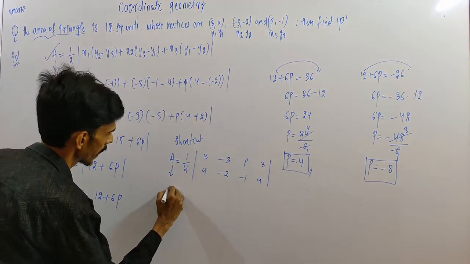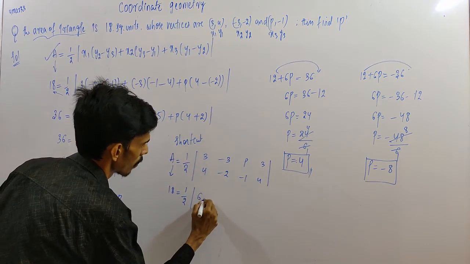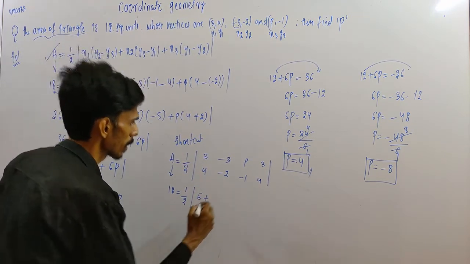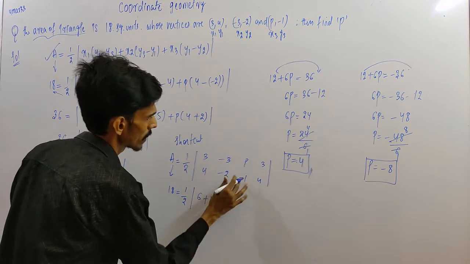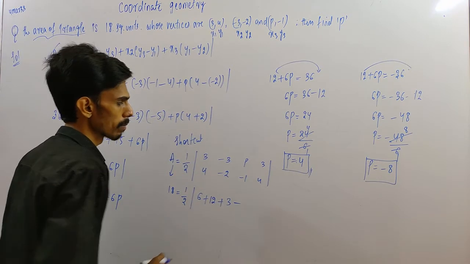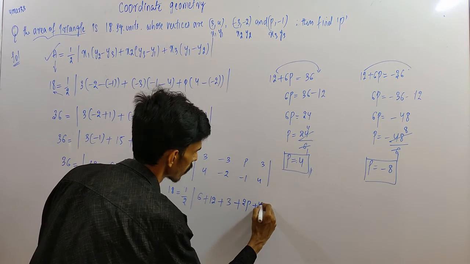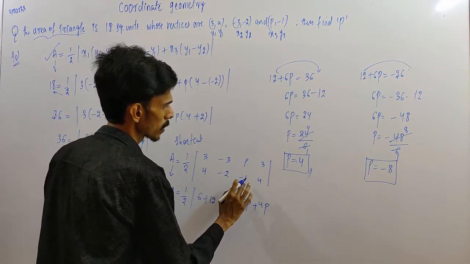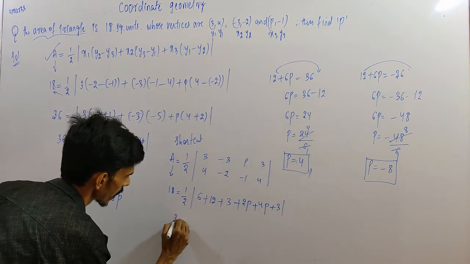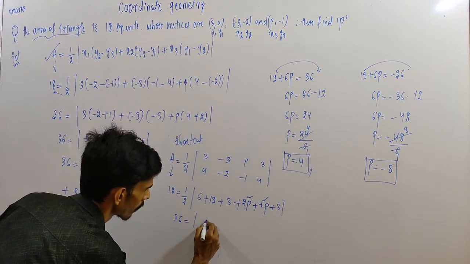So this value is 18, equals 1 by 2. 3 into -2 we have -6, 4 into -3 we have -12, minus 12, this minus and this will become plus 12. Then 3 ones are 3, minus 2 into p, minus 2p, and this will become plus 2p, plus 4p, minus into minus we have plus, plus 1 into 3 we have 3. Now 2 into 18 is 36, equals, how many p's? 6p.